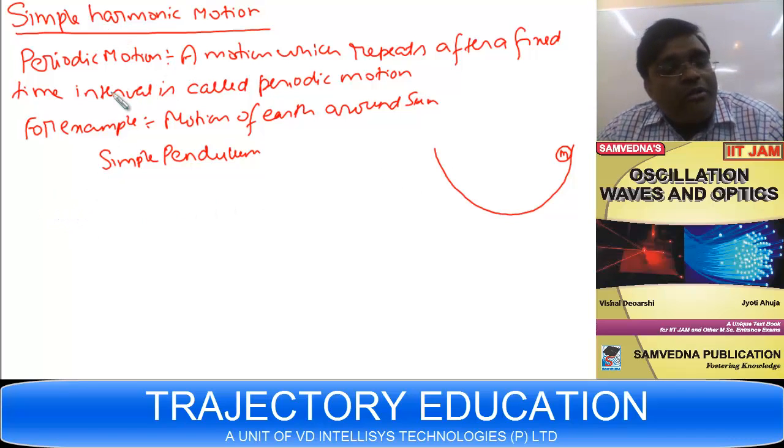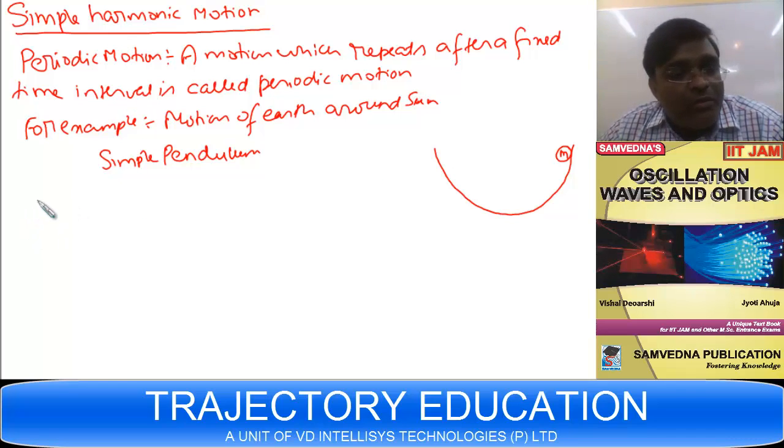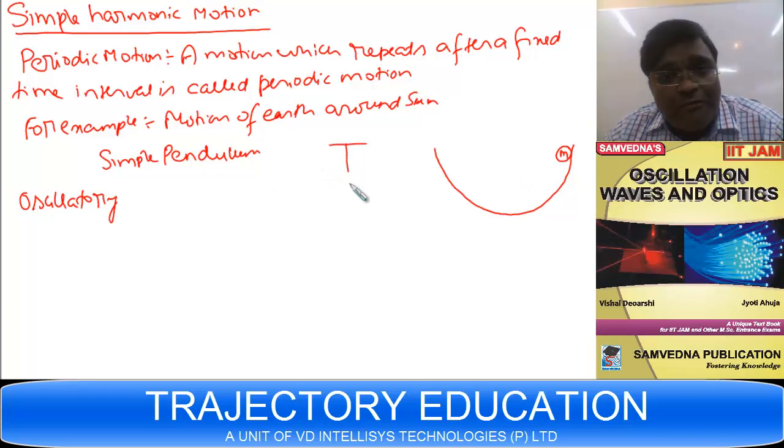Now, out of this periodic motion, when do you call the motion to be oscillatory? It's a kind of periodic motion. A motion is said to be oscillatory if it involves to and fro, retracing of the path.